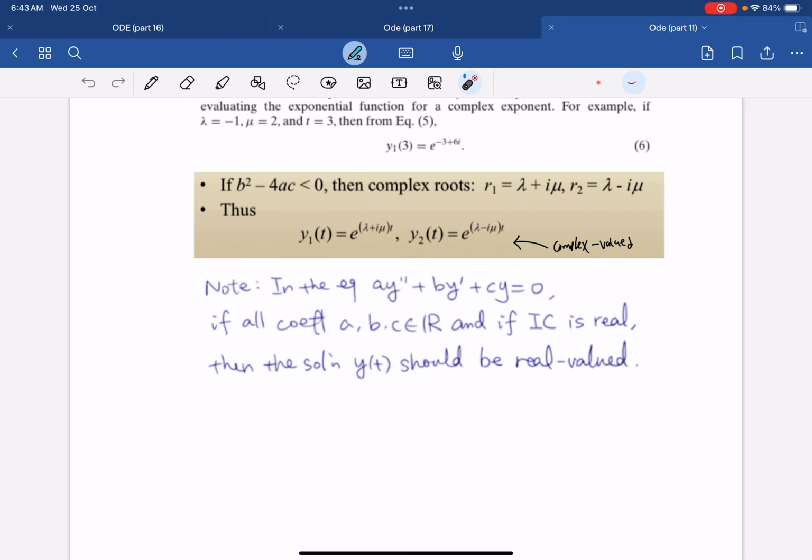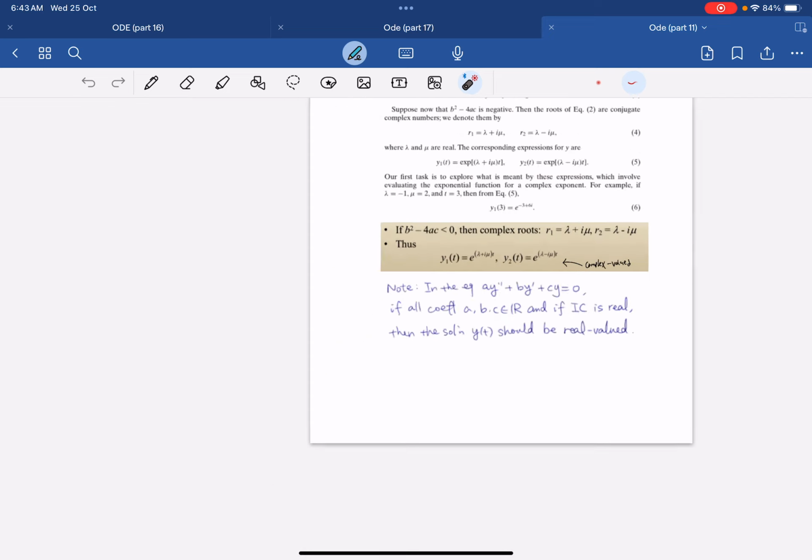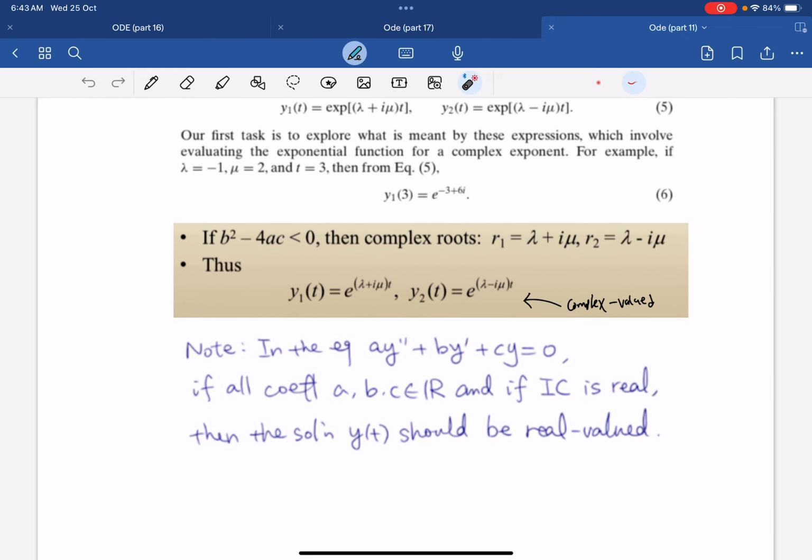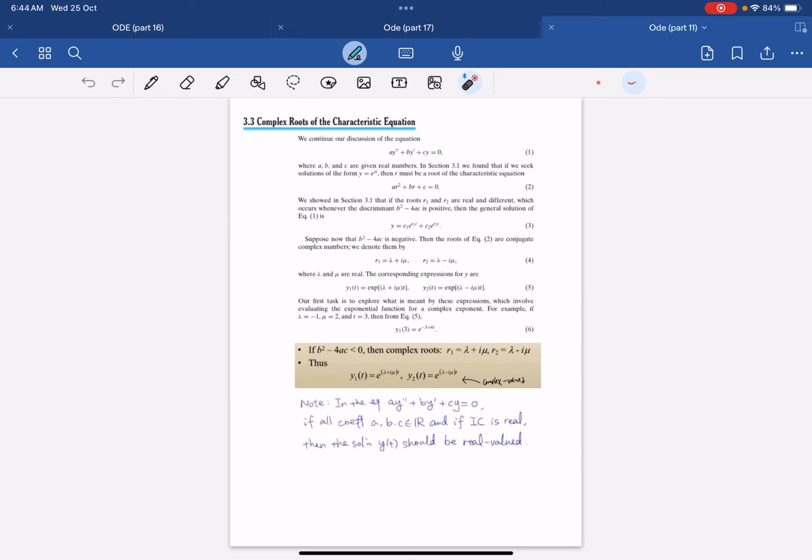And we note that if the coefficients in the equation are all real, then the solution y(t) should be real valued as well. So it cannot be this complex valued function. So we need to manipulate this function so that we can get a fundamental set of solutions that is real. How do we do that?